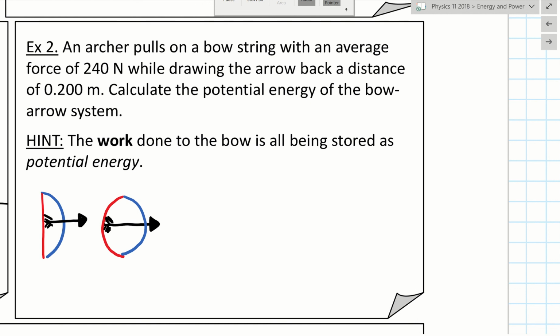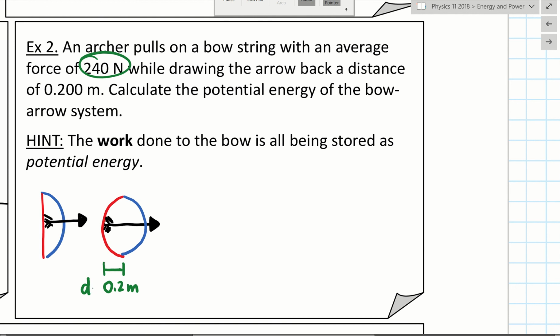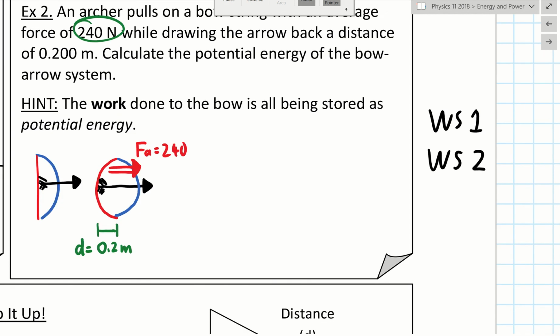So now it says in here that the force is 240 Newtons. So there is an applied force, 240 Newtons, and the bow moves a distance of 0.2 meter. So you have your distance, and you have your applied force. The applied force comes from the elastic wire itself. Let us finish just this one.